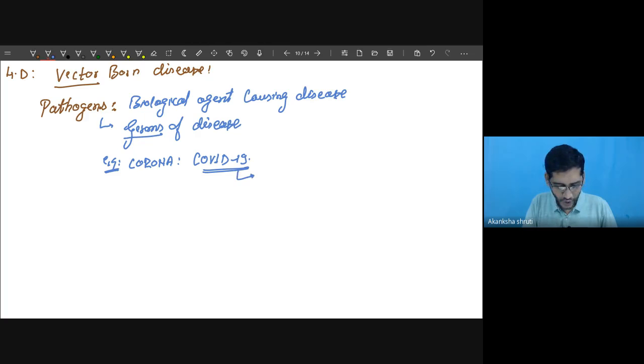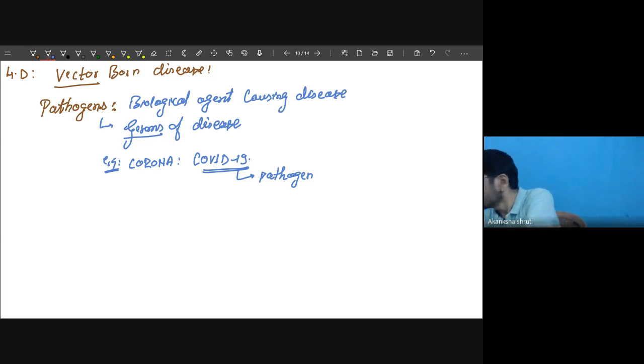So this is the pathogen or the germ which is causing the disease. Similarly, even for malaria, it is the plasmodium. Okay, so many more are there. So what are those pathogens that we have to just list down for 4 kinds of disease? So that we are going to write.